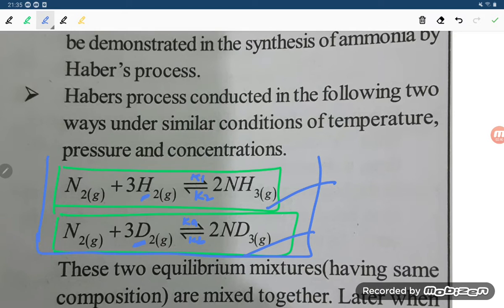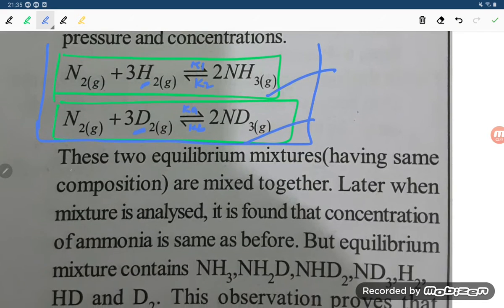When you are making the mixture, let us read out. These two equilibrium mixtures having the same composition are mixed together. Later when the mixture is analyzed, it is found that the concentration of ammonia is same as before.